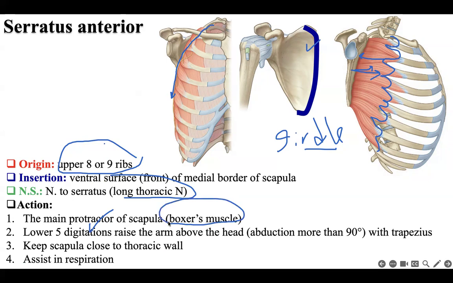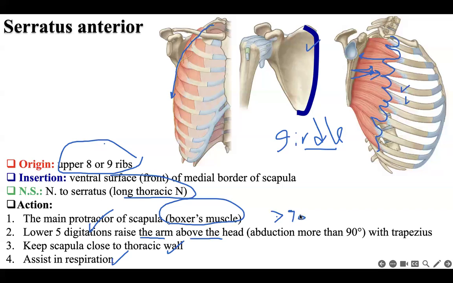Very, very important. Any muscle attached to the ribs helps respiration. It also keeps the scapula in contact with the thoracic wall or chest wall. The last important action is to put the arm or the hand above the head, meaning abduction more than 90 degrees.